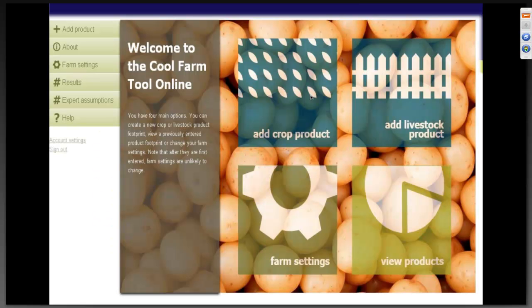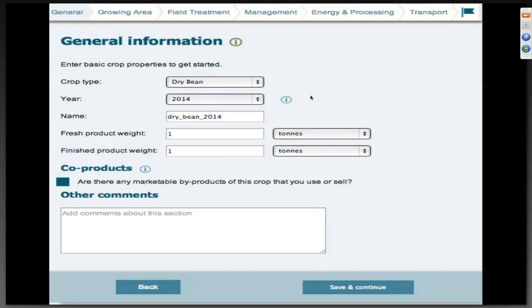When you log on for free and you make your own scenario, your own identity, you get this screen, you can add crop products, farm settings, livestock products, and you fill in, for instance, the crops you have, the yields you have, general information, which is really accessible to the farmer and not very complex to fill in.